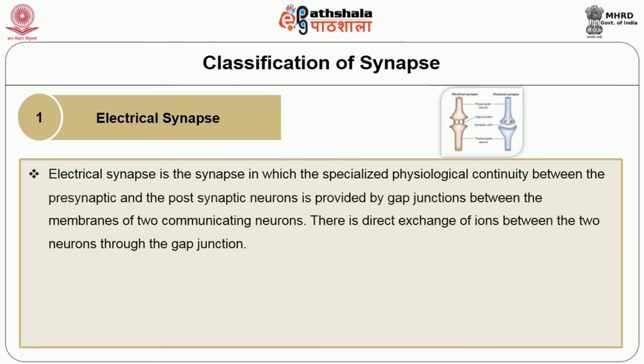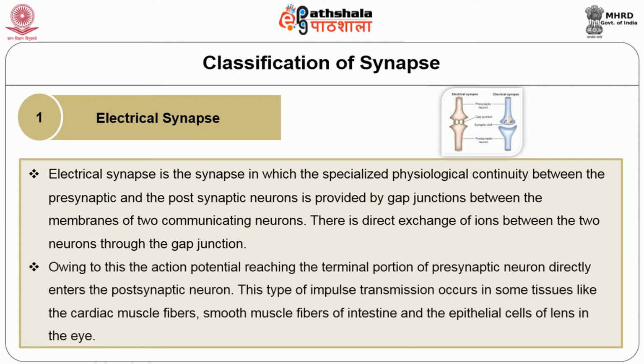Electrical synapse is a synapse in which the specialized physiological continuity between the presynaptic and the postsynaptic neurons is provided by gap junctions between the membranes of two communicating neurons. There is a direct exchange of ions between the two neurons through the gap junction. Owing to this, the action potential reaching the terminal portion of the presynaptic neuron directly enters the postsynaptic neuron.